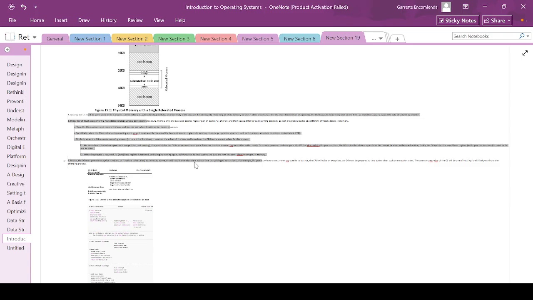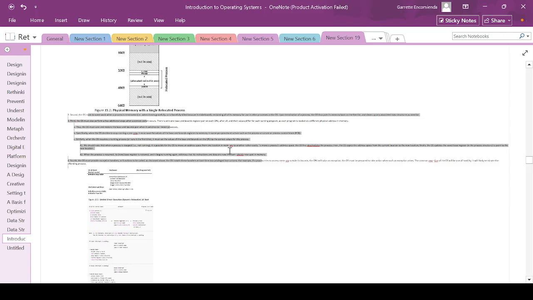Similarly, when the OS resumes a process or runs it for the first time, it must set the values of the base and bounds on the CPU to the correct values for this process. So when it resumes, it restores the base and bounds registers it explicitly saved to the process control block.